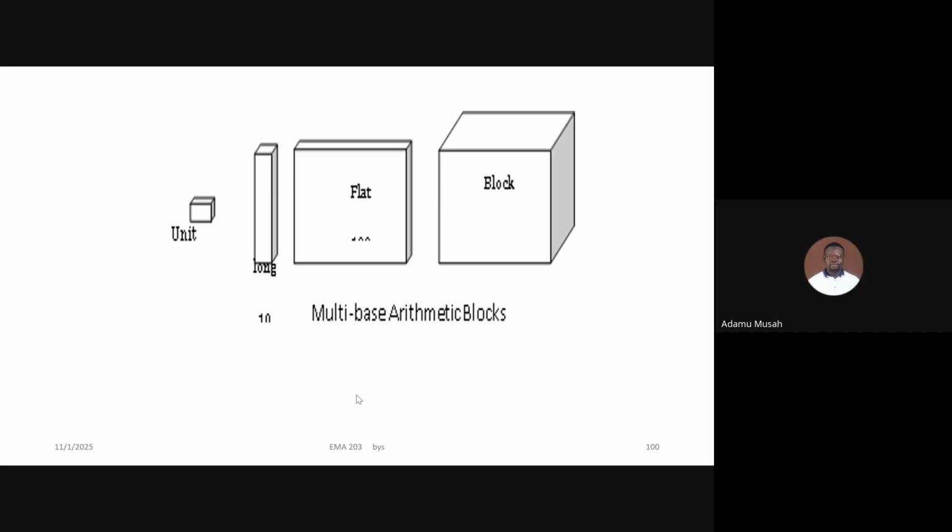Then they will just do the multiplication and tell you the value. So we are using the material to represent values of numbers. That is the concept. It is not that we are changing the unit to a different thing. The unit is unit. Long is long. We have 10 units in the long, 10 longs in the flat, and so on.